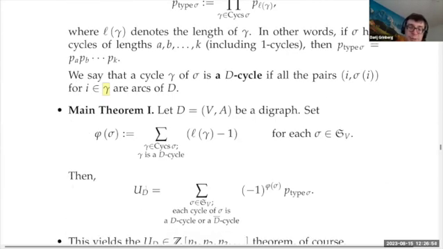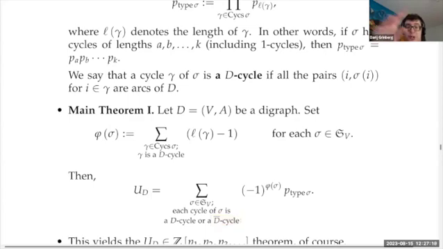And here is the first formula for UD. This formula is true for any digraph. It says basically this: UD is the sum of P type sigma multiplied with a certain sign, and the sum ranges over all permutations of V for which each cycle of the permutation is either a cycle of D or a cycle of D bar.